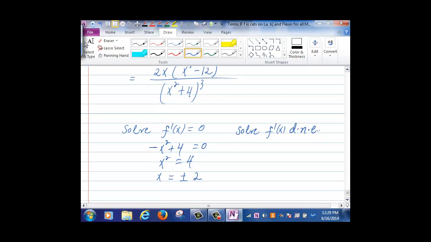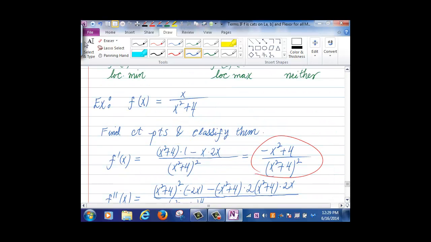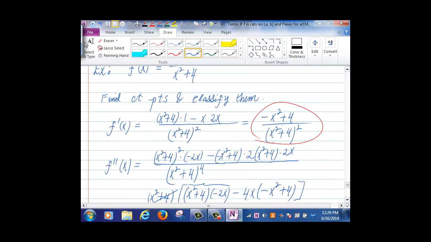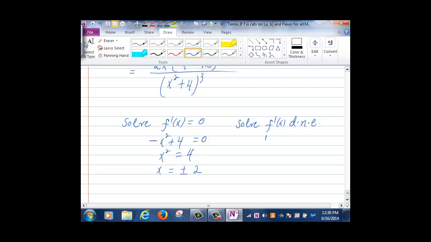Well, can you tell me where the derivative doesn't exist? Well, it exists everywhere, right? Because x squared plus 4 in the denominator cannot be 0. This denominator can never be 0, so the derivative exists everywhere. So, no solution in this case. So I have only these two critical points here.